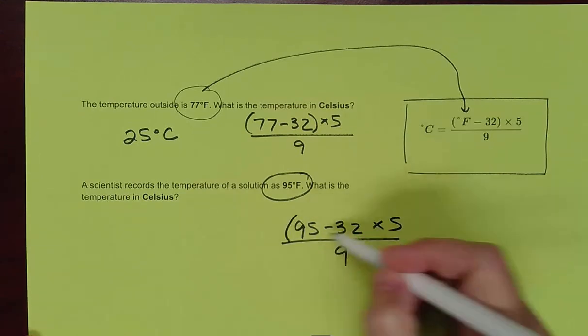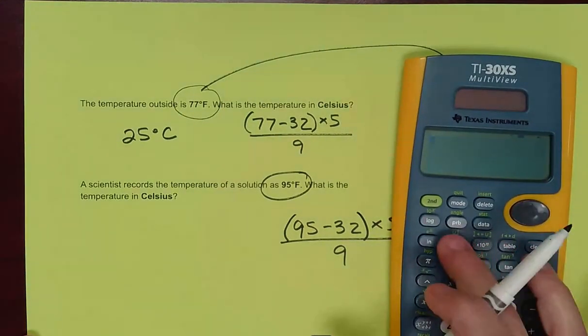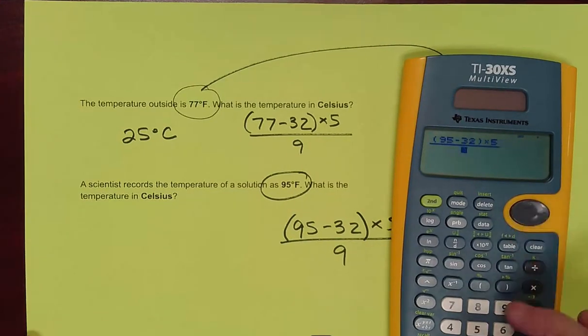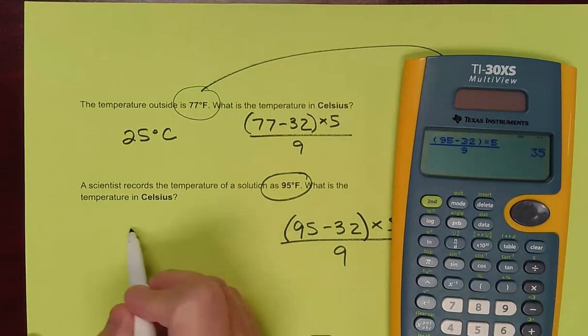So those parentheses are really important in this case. We need 95 minus 32 times 5 divided by 9, and the temperature is 35 degrees Celsius.